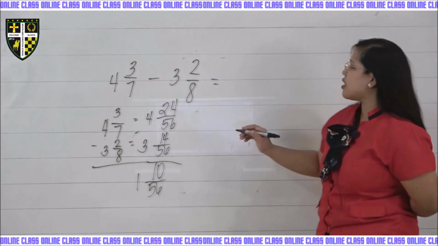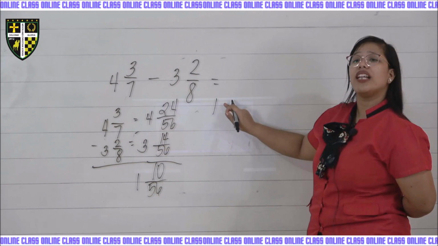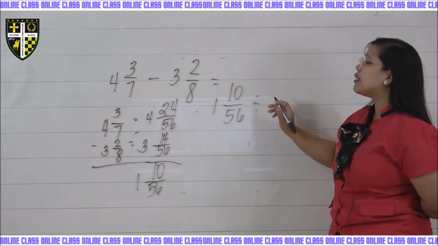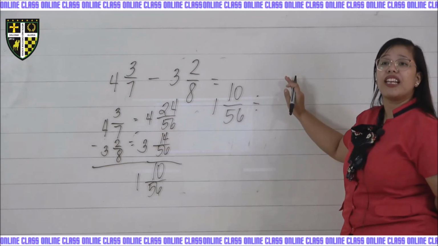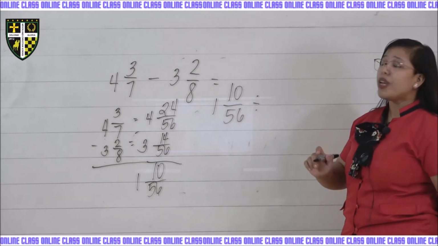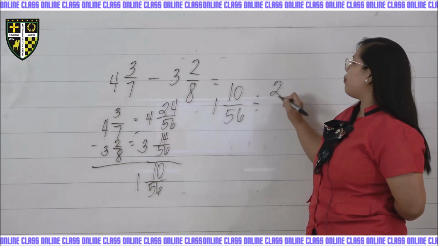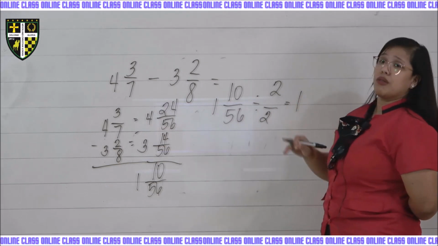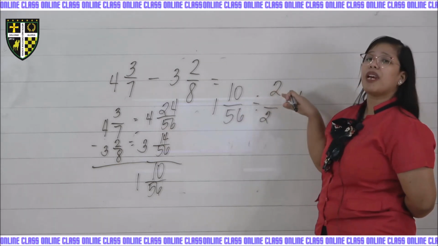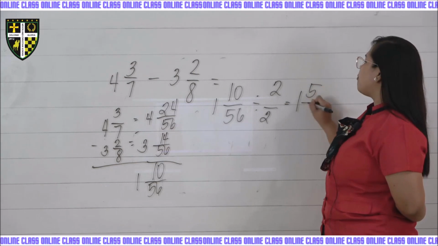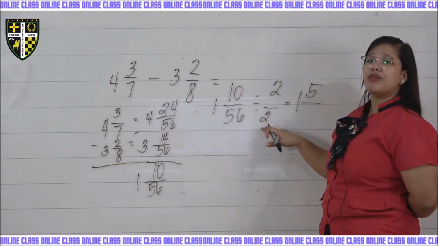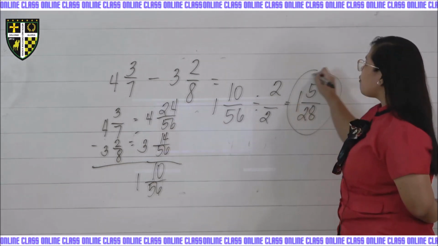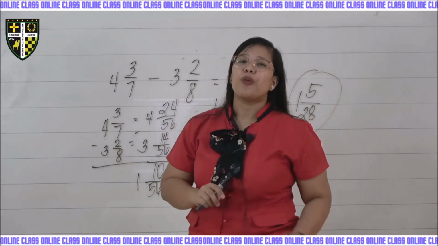Yes, of course. So we have 1 and 10/56. Think of a number that can divide both numerator and denominator. So we can divide them by 2. Just copy the whole number, which is 1, and then 10 divided by 2 is 5, and 56 divided by 2, we have 28. So 1 and 5/28 will be the answer.